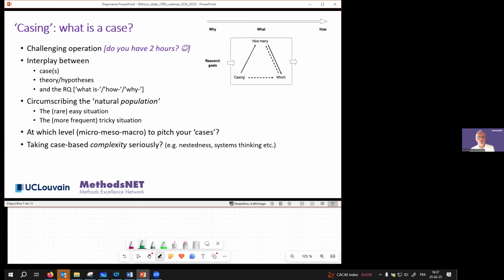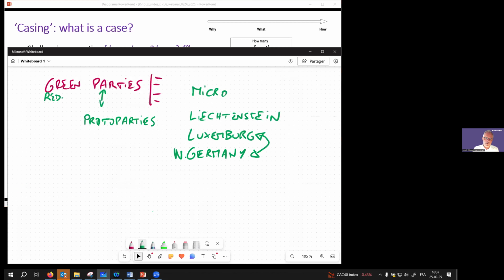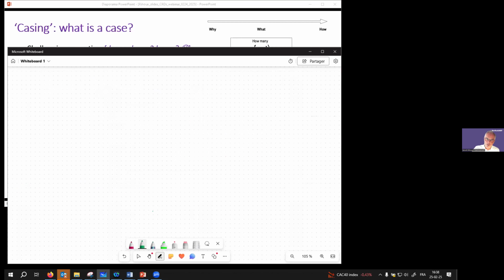Another big question, of course, is at which level your cases are pitched. Are your cases individuals? Are these agents? Here, of course, this is discipline specific. If you are a psychologist, your cases by definition are individuals, most likely. If you're a macro sociologist, it would be much larger systems.